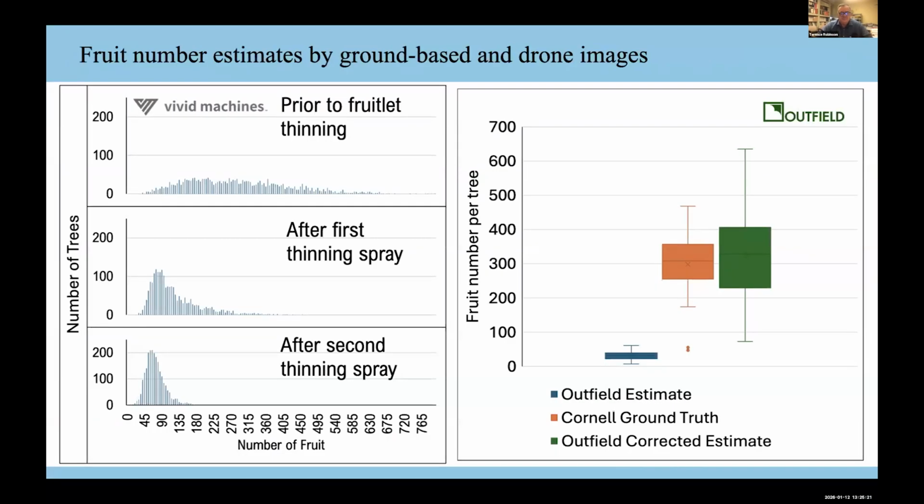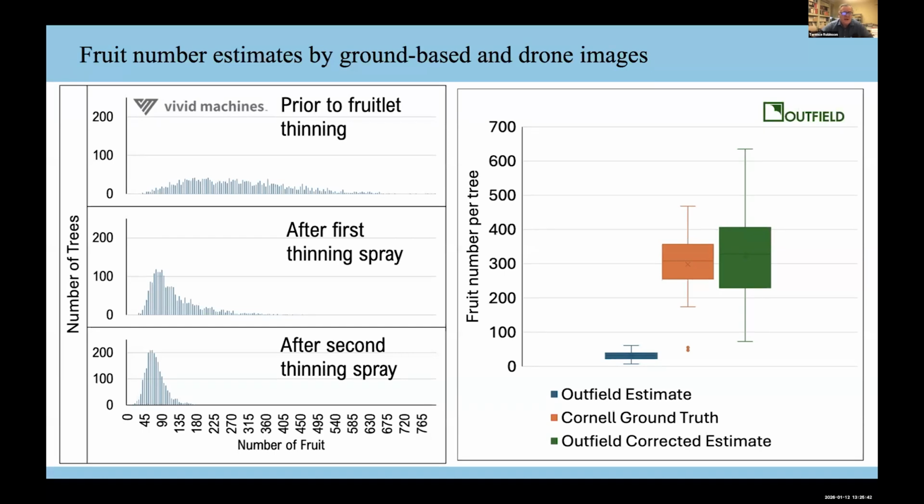When we looked at trying to quantify the number of fruits using either ground-based, in this case, Vivid machines versus outfield, on the left, you see 3 different timings of scanning the orchard with Vivid machines. The first was before any fruitlet thinning sprays were done at petal fall on 10 millimeters.